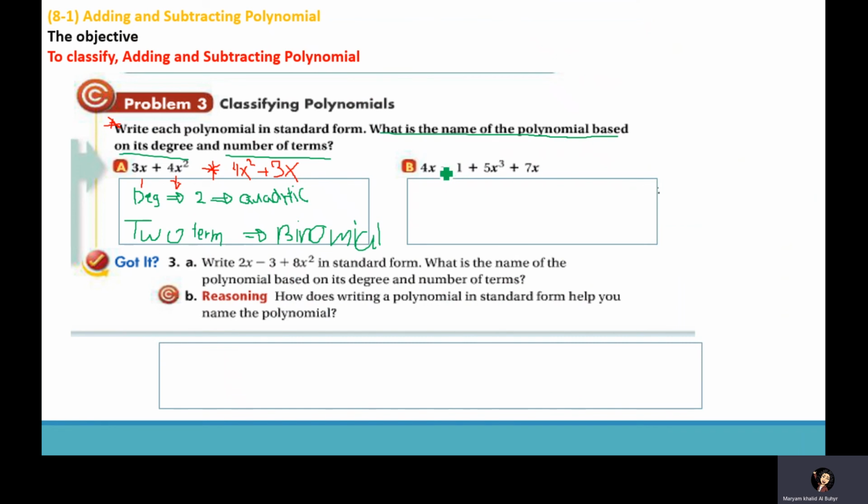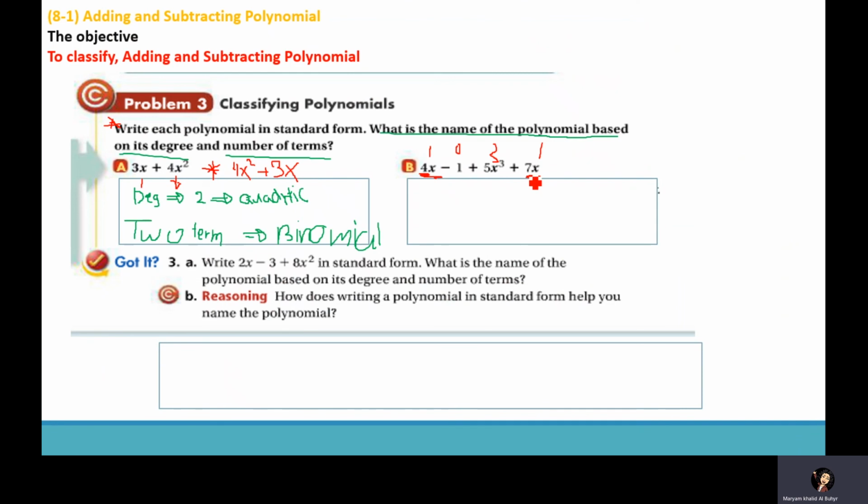Again, with this one, first of all, I need to write it in standard form. Let me write it for you in red color. What is the degree here? It's 1. What is the degree here? 0. What is the degree here? 3. What is the degree here? 1. Since I have this, these two are like terms, so I can add or subtract them depending on their sign.